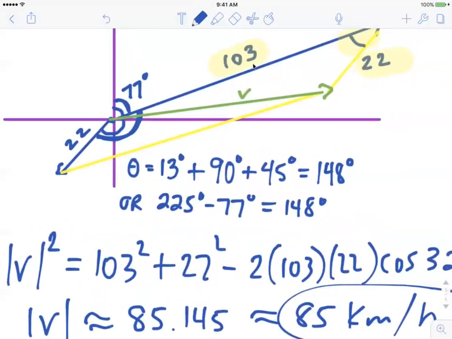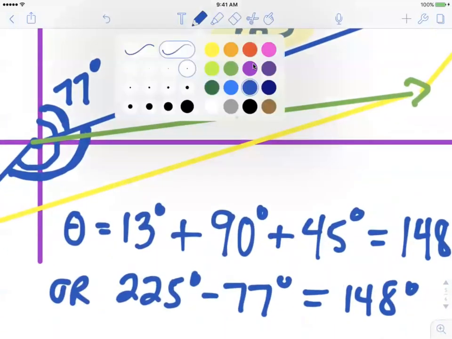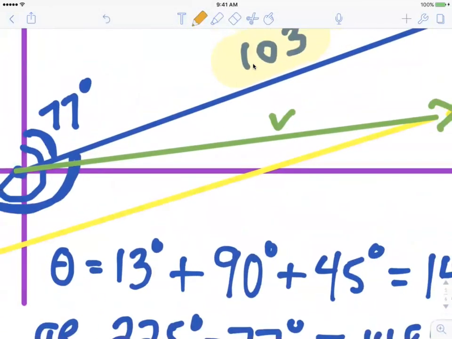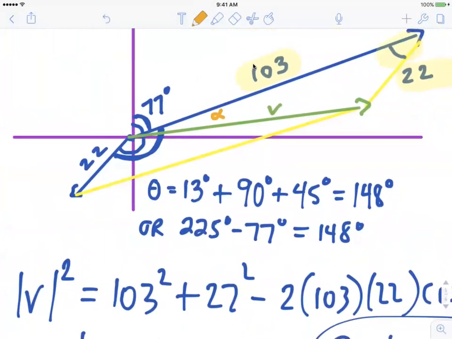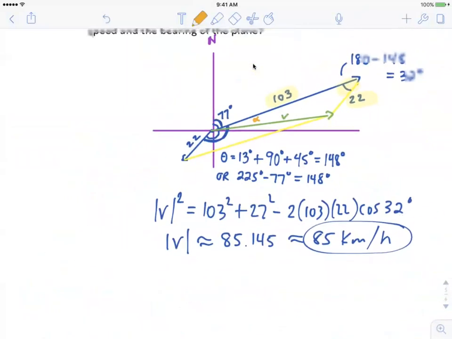In order to find that, if I go back to my picture, I need to find this little angle inside that triangle. Let's call it alpha. If I could find that angle, then it's one extra step to get the true bearing, because the bearing is this angle to there. That's what I want to find. But let's just focus on finding that little angle alpha. I'm going to use the law of sines for that.